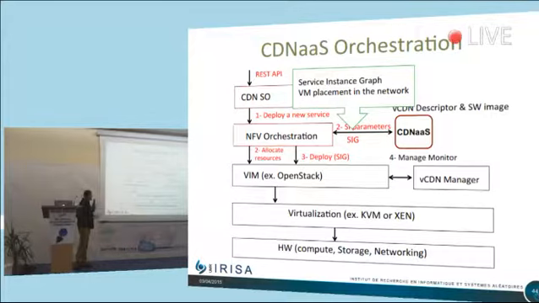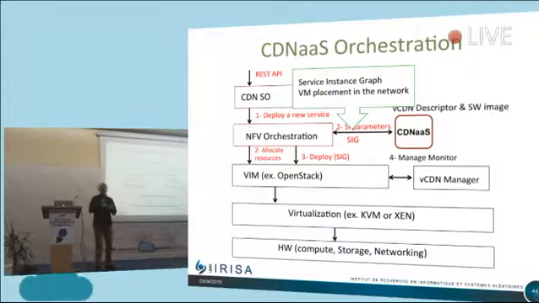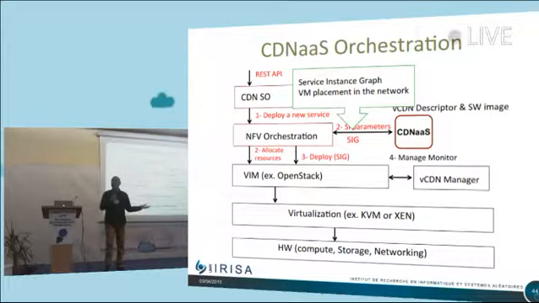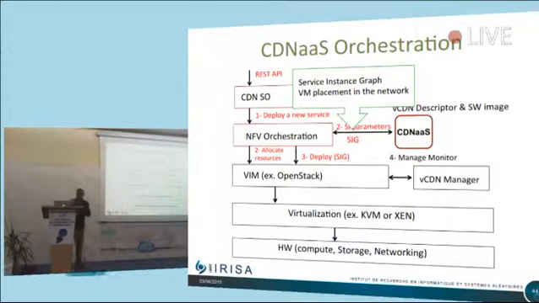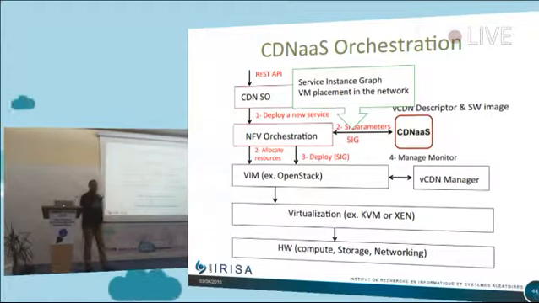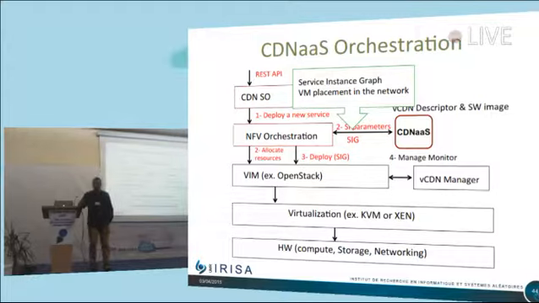The service instance graph is the VNF placement in the network, and this gives you an overview of how we can use NFV, the cloud, and SDN to propose a new service like CDN as a service, or whatever other service in the network. So I think I have finished my presentation, so it is time for questions.